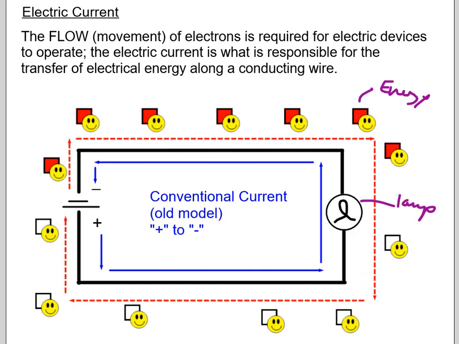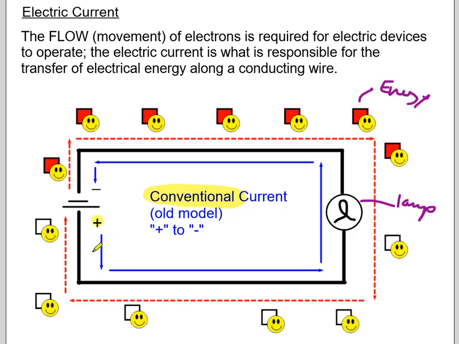Okay, there are two models though, so you need to be aware of both. Something we call conventional current is the old model. It was the belief that everything started at the plus, or the high pressure, the abundant side, and flowed to the negative or the low side. So you can see here the conventional model in blue.